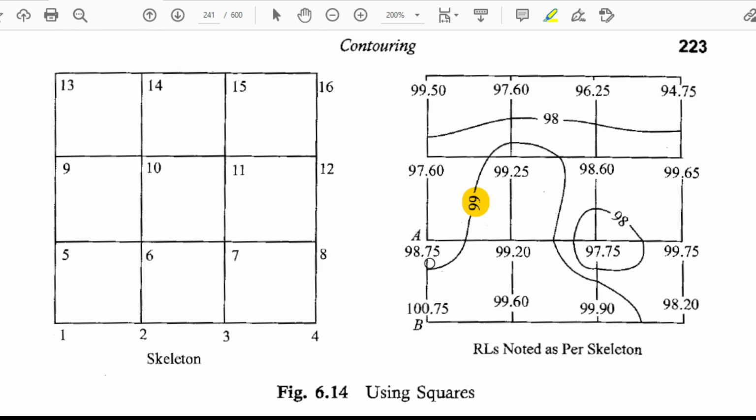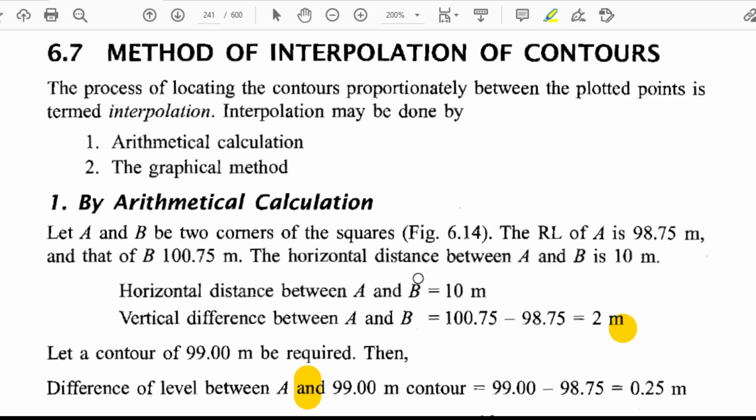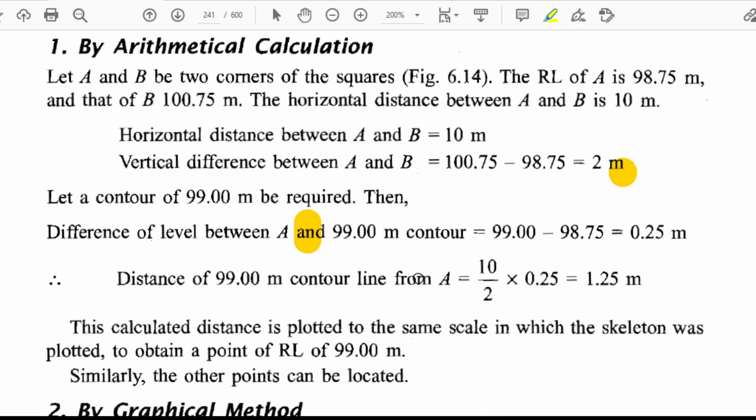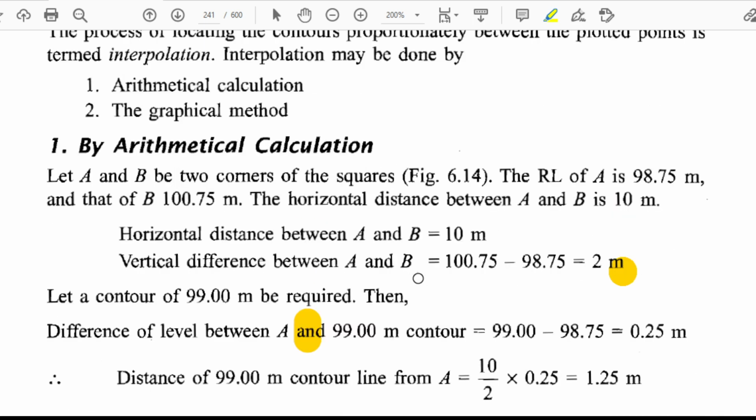We can see in the diagram here, at some distance the 99 meters contour is plotted here. So this horizontal distance is 1.25. This is the arithmetical calculation of interpolation of contours.